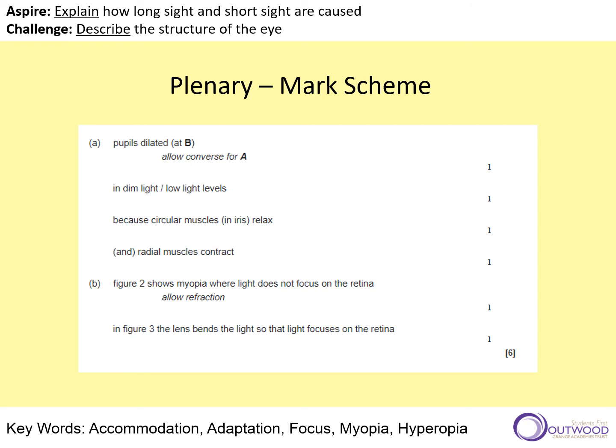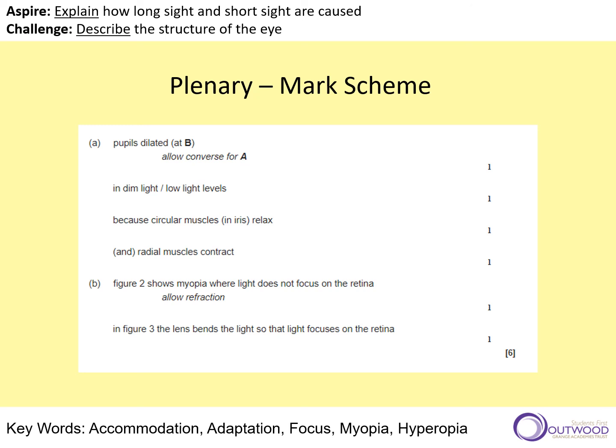Circular muscles contract and radial muscles relax. So I'll say that again just before the buzzer comes. In bright light, circular muscles contract and radial muscles relax. Okay, so that's what happens there.